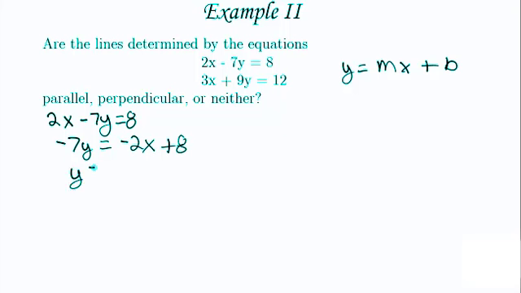And that's going to give me y equals negative 2x over negative 7. Actually, I'm dividing the 8 by negative 7 as well.